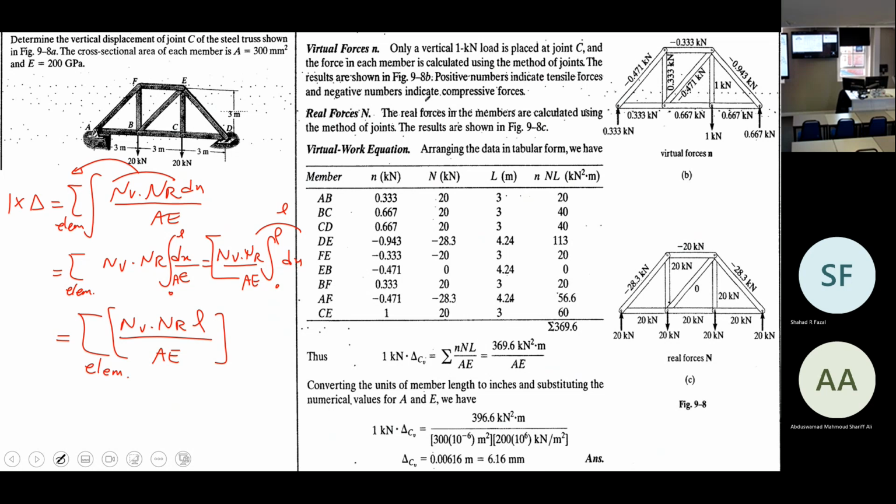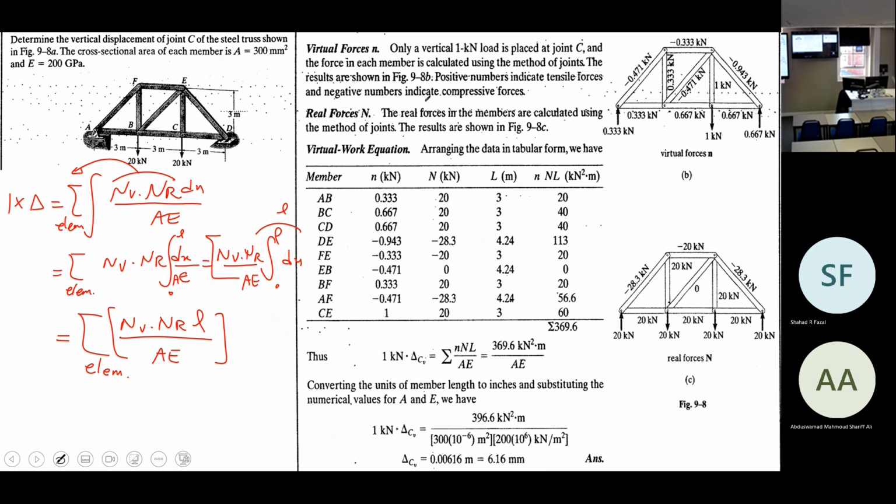It's easier, and it lets us do it more rapidly and more neatly by making a table. Let's see how it works. For example, this one says: determine the vertical displacement of C of the steel truss structure shown in the figure below.